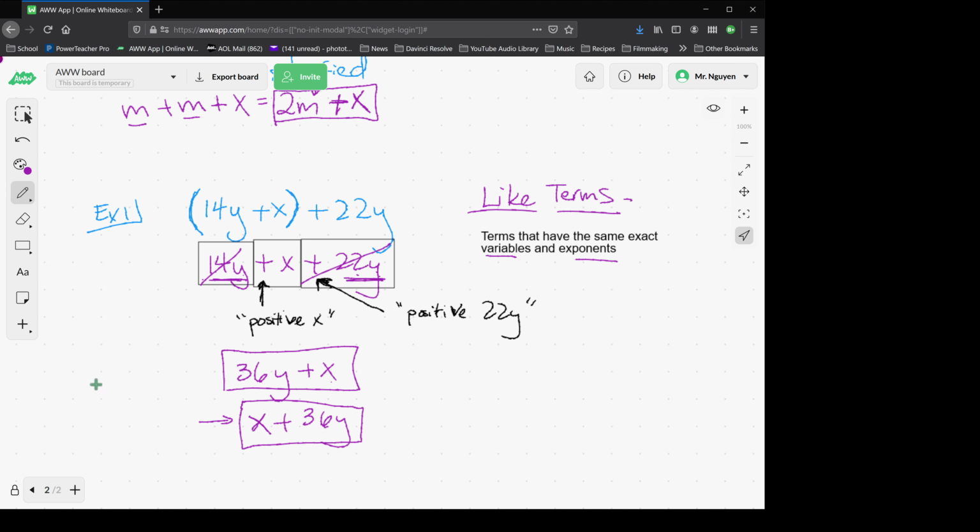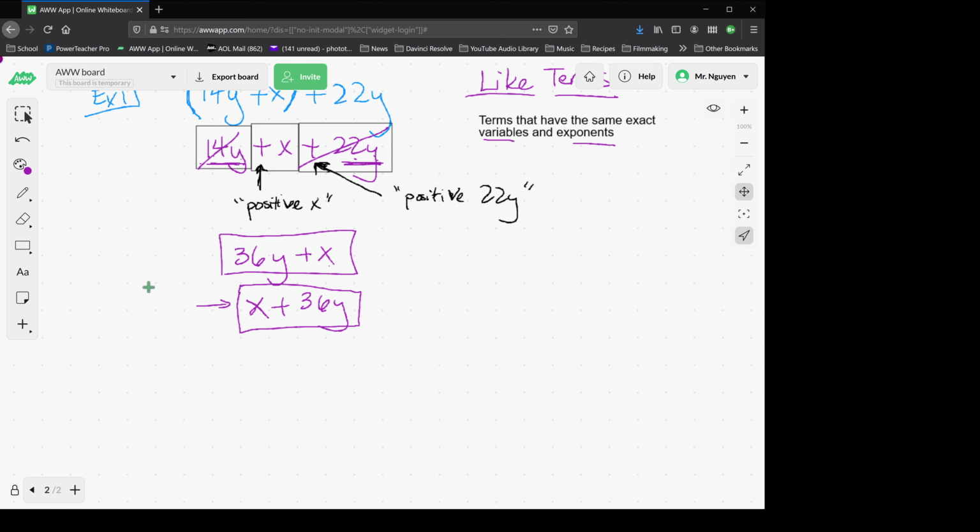Okay, let's do another one so we can see this a little bit better and for you to get used to this. So let's go with example 2 here.